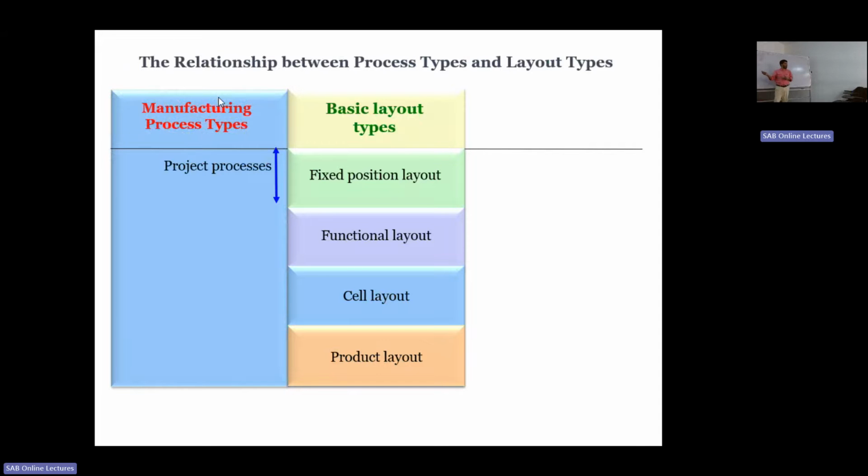You don't know the meaning of fixed position layout yet. But for project processes, it's fixed position layouts. That is how you need to understand it. Clear? Hello? Is that clear?